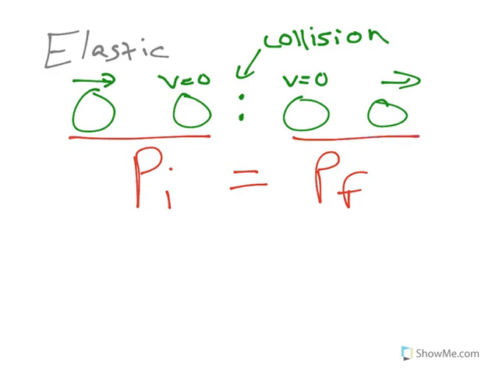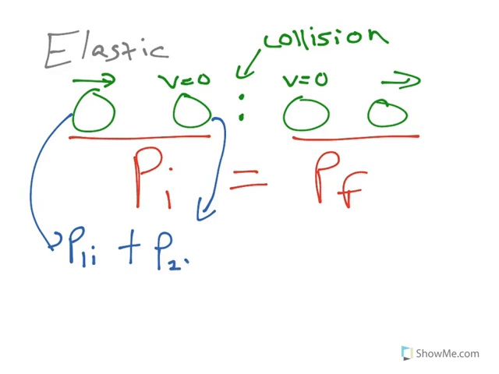Well, how do we calculate the momentum initially? Well, we have to add up the two momentums of both of these objects, okay? So we need to take the momentum of object 1 initially, plus the momentum of object 2 initially, and set that equal to the momentum of object 1 finally, plus the momentum of object 2 finally.